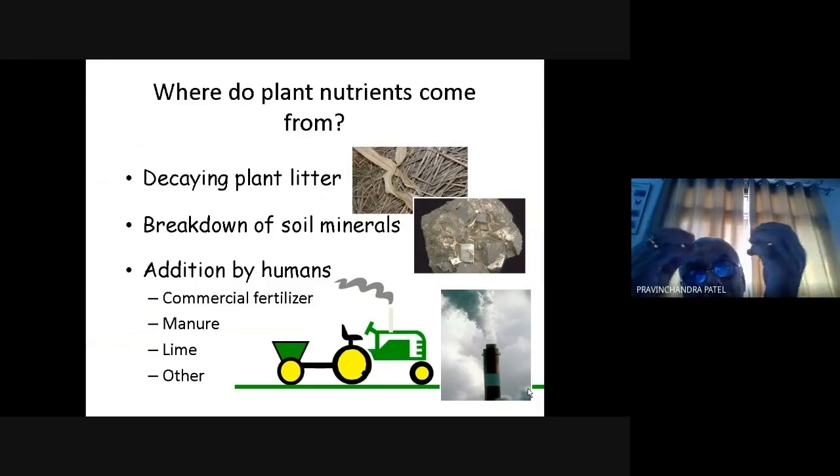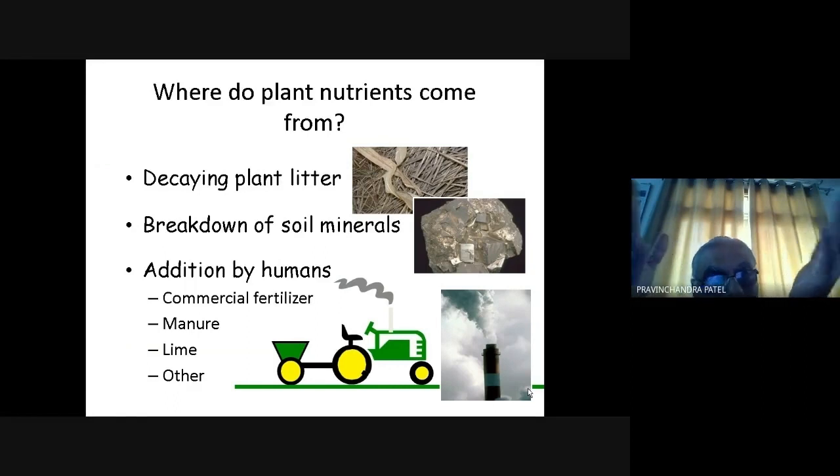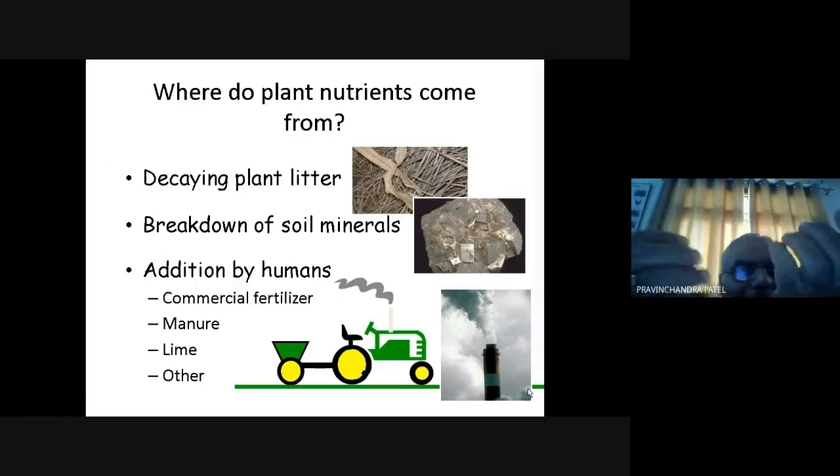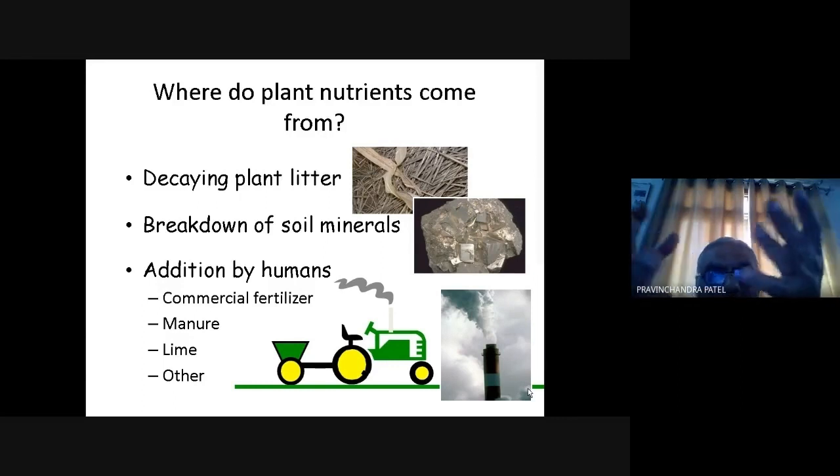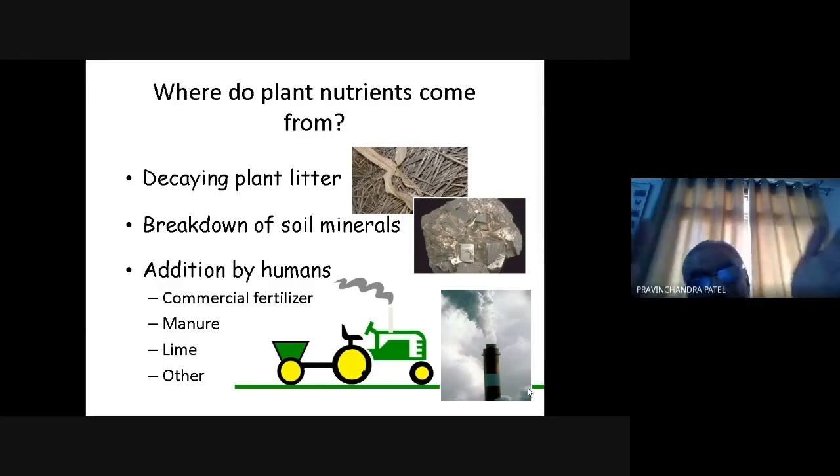Then where do plant nutrients come from? How do the nutrients come into the soil? So decaying plant litter. When you are growing the crops, we harvest only the grain, then the other portions, straw, roots and stubble, remain in the soil.